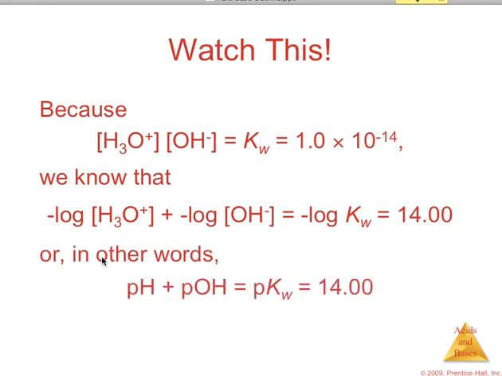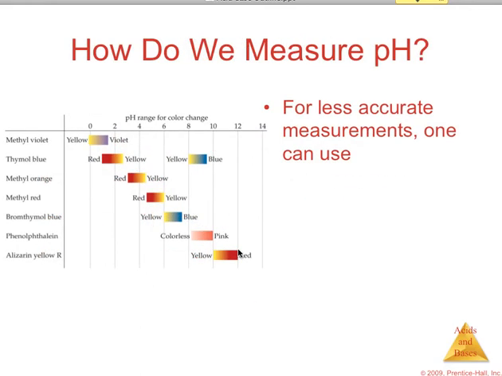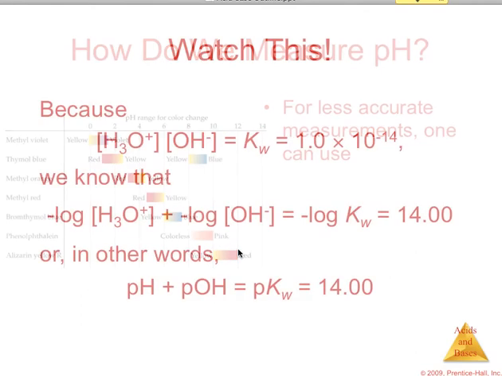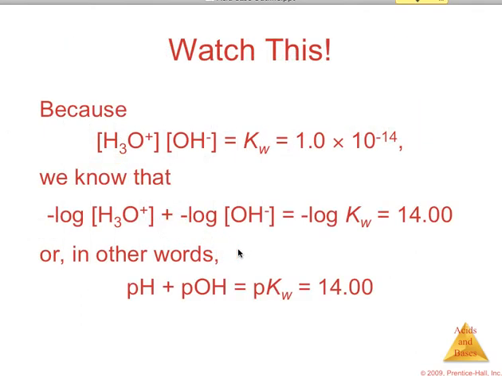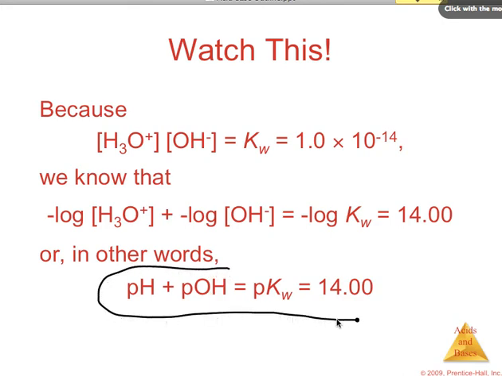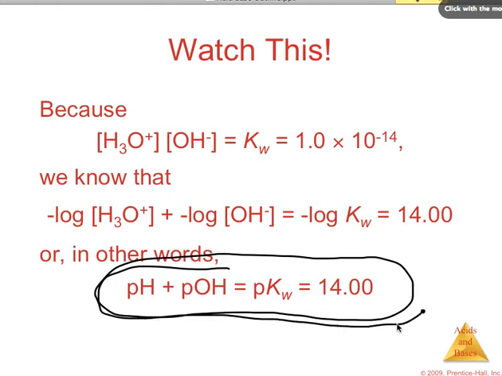Okay, we know that the product of the two concentrations in the Kw expression is 1 times 10 to the negative 14th. If we take the negative log of all of those things, it would be equal to 14. In other words, pH plus pOH is equal to 14.